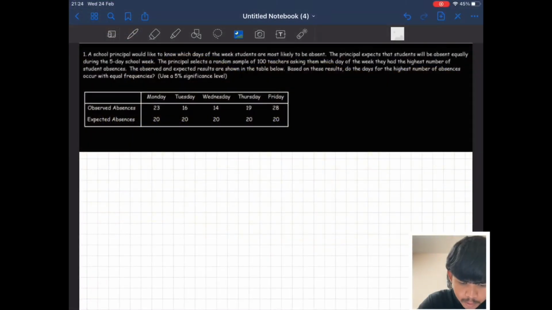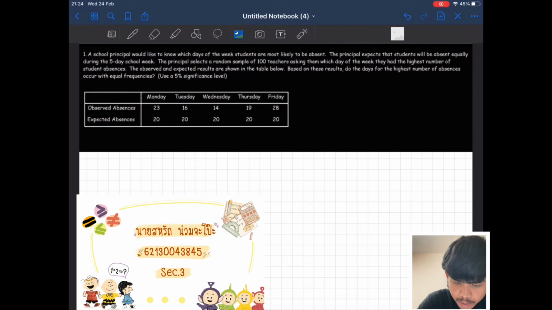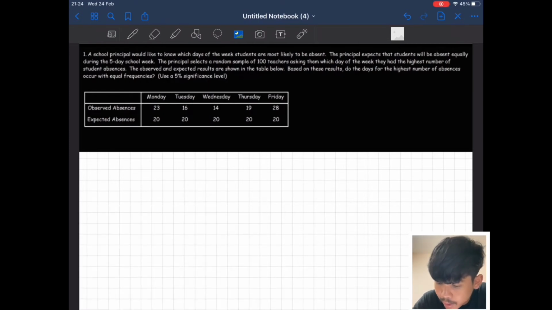A school principal would like to know which days of the week students are most likely to be absent. The principal expects that students will be absent equally during the 5-day school week. The principal selects a random sample of 100 teachers asking them which day of the week has the highest number of student absences.